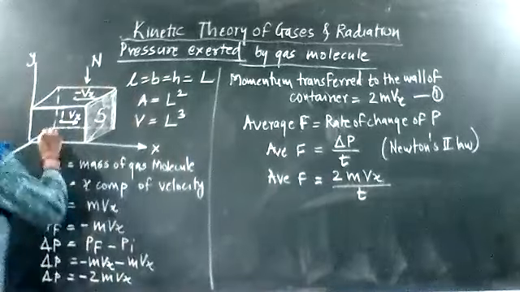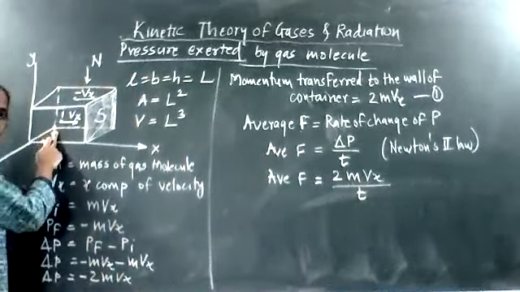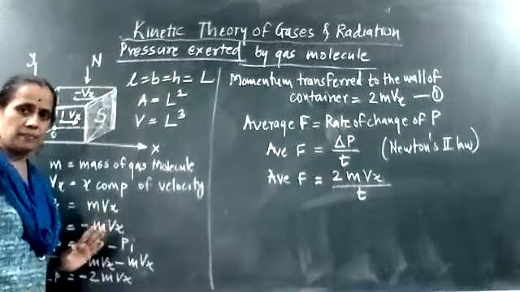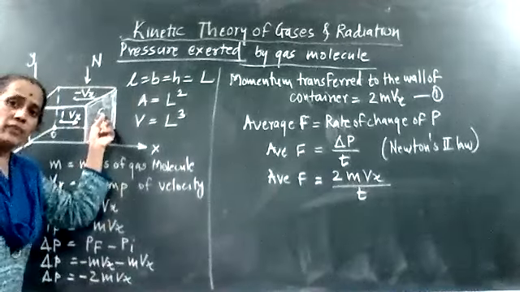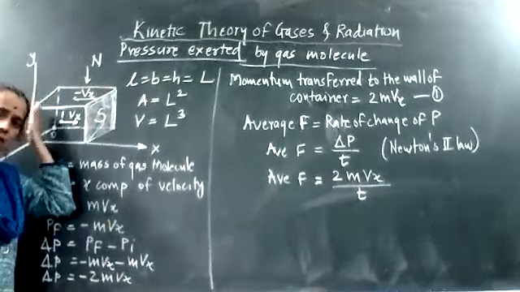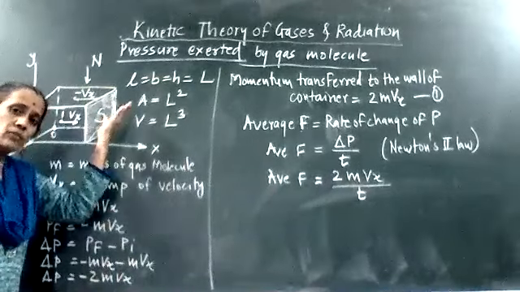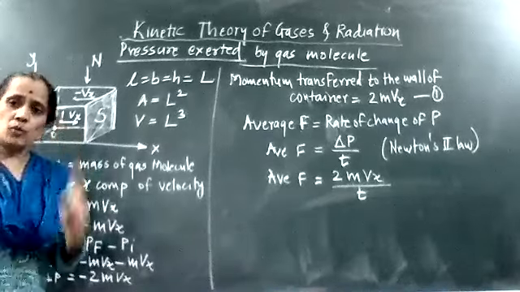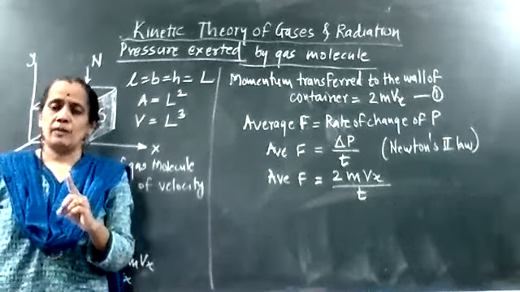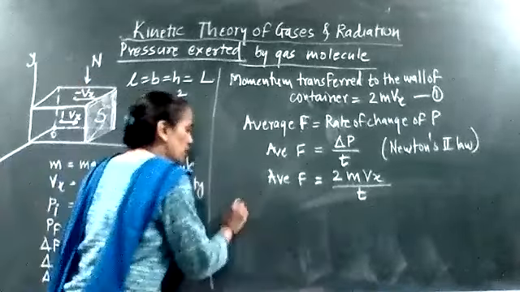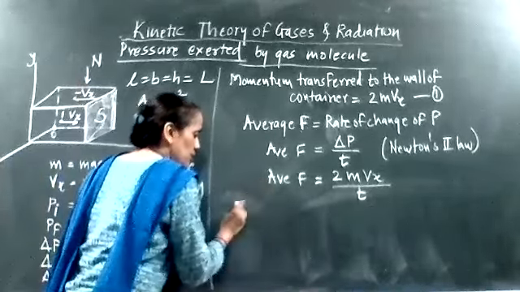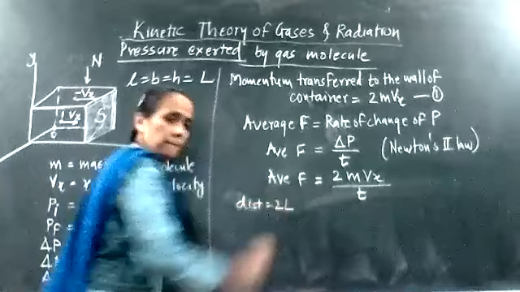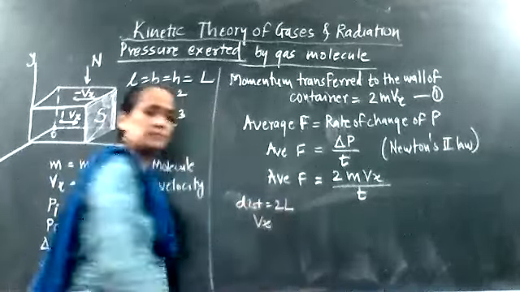Now, your molecule will start from the origin. It will travel towards S. So it will travel a distance L, capital L. It will collide with S, rebound, and again come to the origin. So again it will travel a distance L. This means that in two successive collisions, the distance traveled is 2L with velocity Vx.